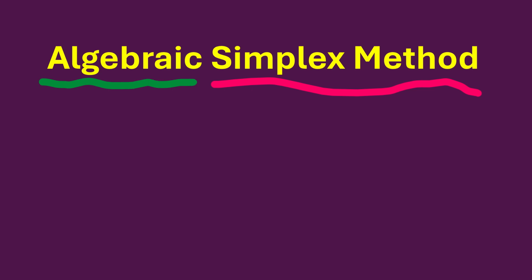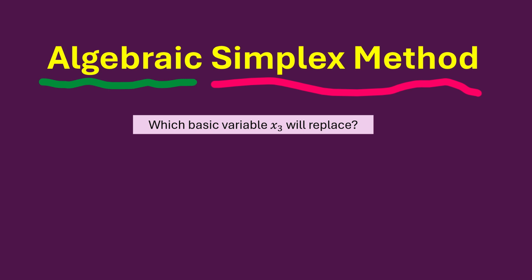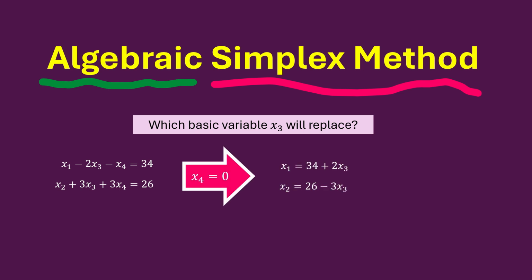The next question is which basic variable x3 will replace. For that, we review the constraint equations, setting x4 equal to 0 and solving for x1 and x2 gives these equations. Since x1 and x2 are both non-negative, we can see that the first equation yields an inequality where x3 is greater than minus 17, whereas the second equation yields an inequality where x3 is smaller than or equal to 26 by 3.